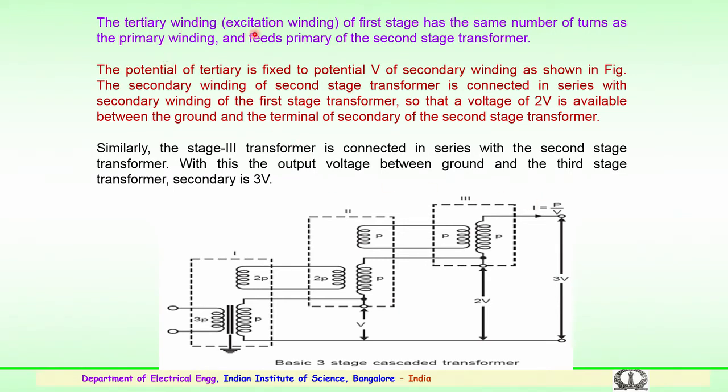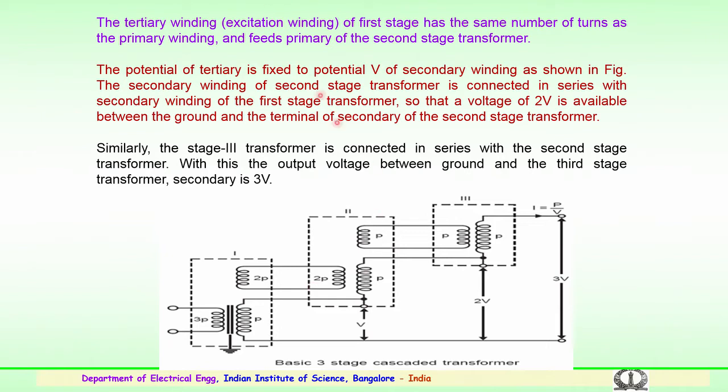The tertiary winding or the excitation winding of the first stage has the same number of turns as the primary winding and feeds the primary of the second transformer. So, all the primary windings will be of the same number of turns, and for cascading, it is important that all the 3 transformers should be identical in nature.